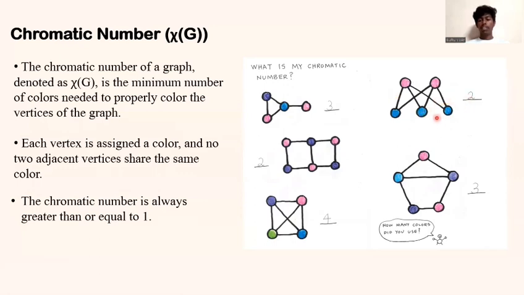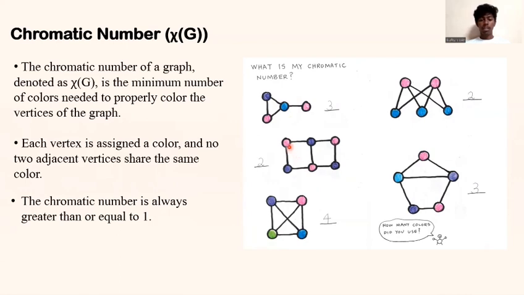In this example, this is a bipartite graph. Here pink and blue, there are two colors. And the vertex which is colored pink is connected to three vertices which are colored blue. So no two adjacent vertices have the same color. So this is a proper coloring, and the chromatic number is 2.